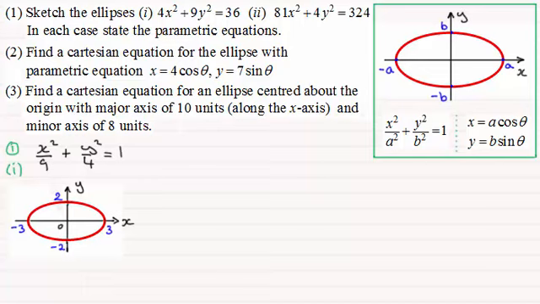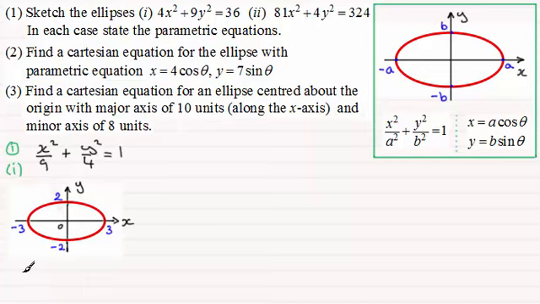It's going to look something like this, crossing the x-axis then at minus 3 and 3, and the y-axis at minus 2 and 2. And you can see that the longer of these two axes is this one here, so this would be the major axis, this would be the minor axis. When it comes to the parametric equations, we can see that a then would be 3, b would be 2.